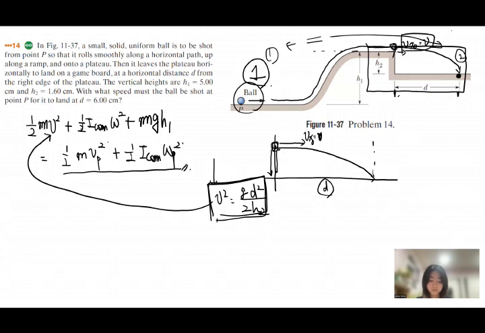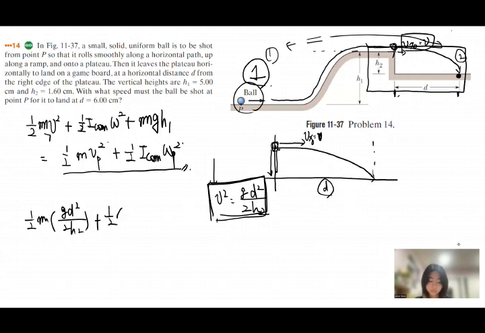So that is, hold on. That should be 1/2 m v d squared over 2h2 plus 1/2 also here. Remember, that was from the previous example. We can find that this one, 10g times h1 over 7. Yeah, we have the sphere relationship right now.